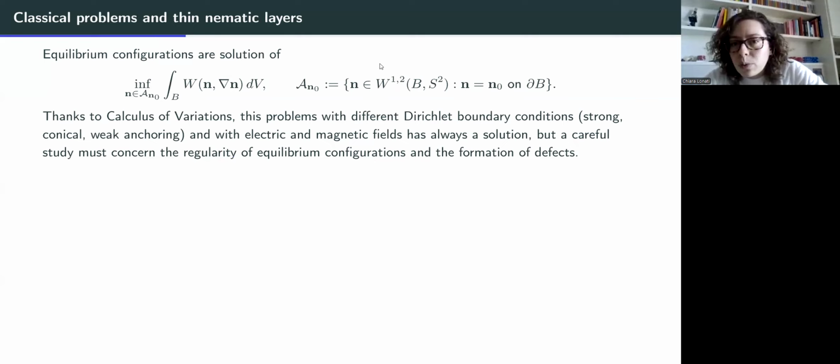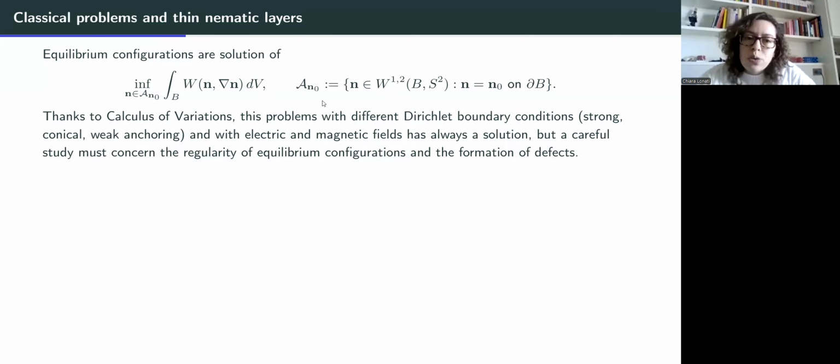Now here I wrote W12, but a particular space with some boundary conditions. In particular, as regards boundary conditions, there are many types of boundary conditions. There is strong anchoring that basically prescribes a particular, for example, angle for n at the boundary. There are conical and weak anchoring that give more freedom to n at the boundary.